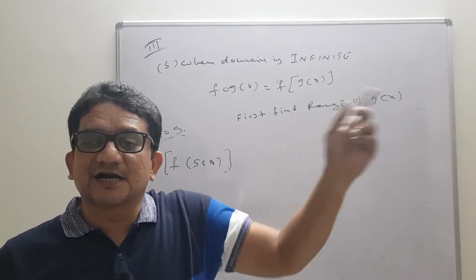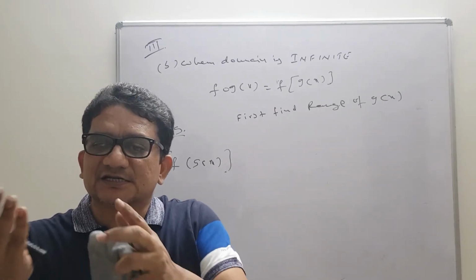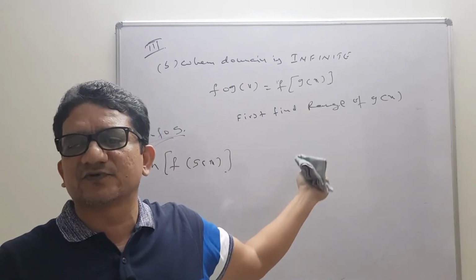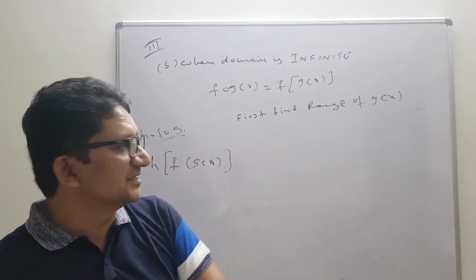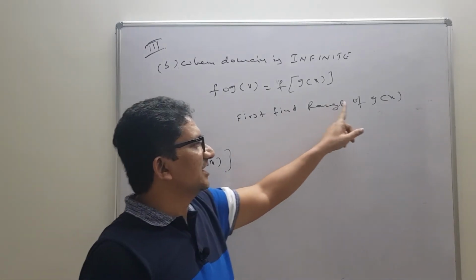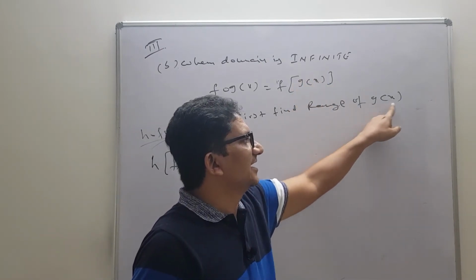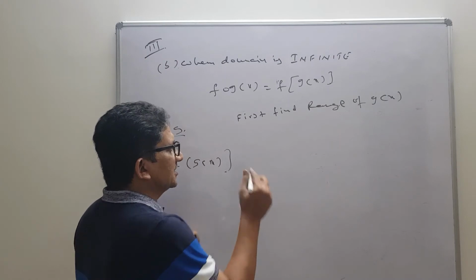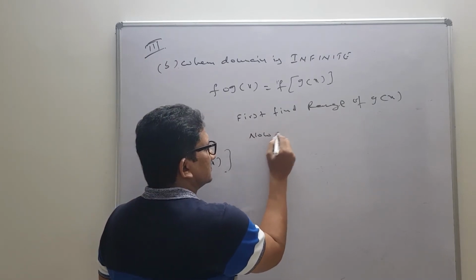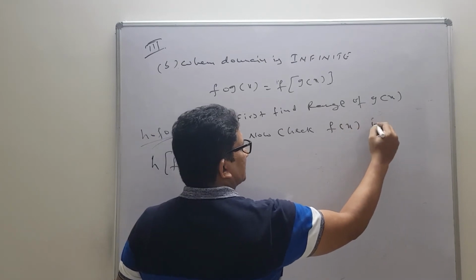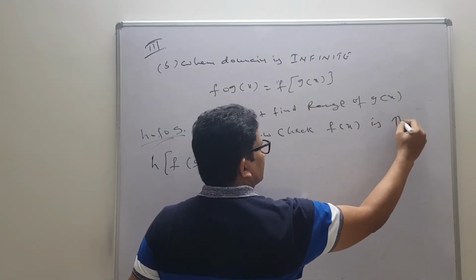Yes, in any composite function, whatever the inside function delivers will be the input for the outermost function. That is the reason we first find the range of the inside function, that is g of x. Now you check whether f of x is increasing or decreasing.